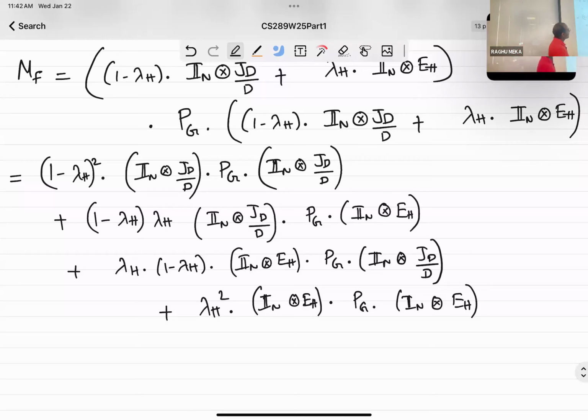We have 4 terms, and as it turns out, we can easily control these 3 terms. Let me call this one error 1, this one error 2, this one error 3.